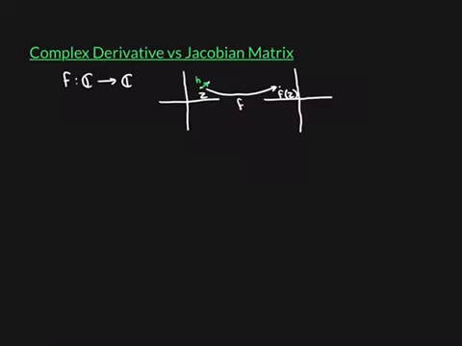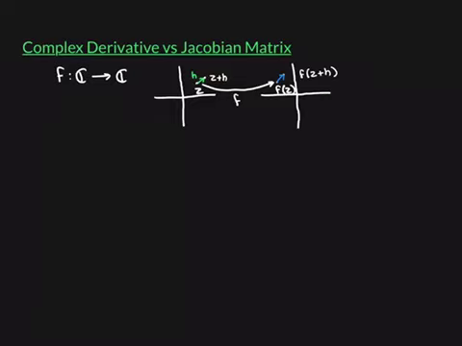So you move therefore to a point z plus h, then of course that point is going to be mapped onto some other point in the codomain over here, f of z plus h, and we're wondering about what this tiny little difference in the codomain between f of z plus h and f of z is, i.e. the change in the codomain produced by our change in the domain.